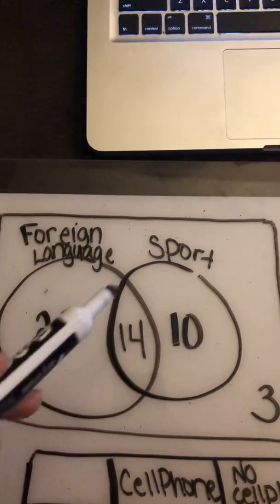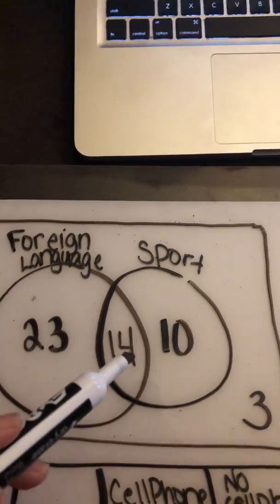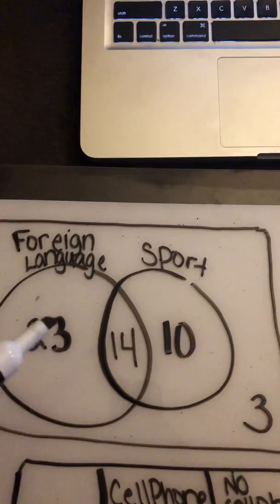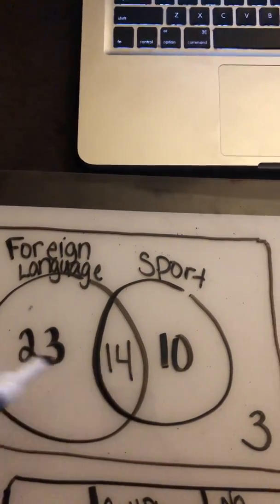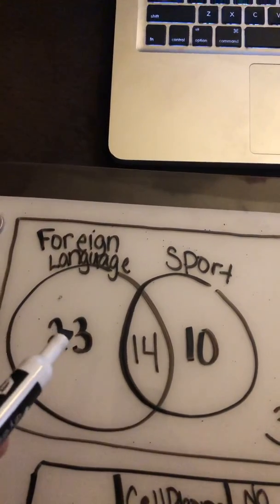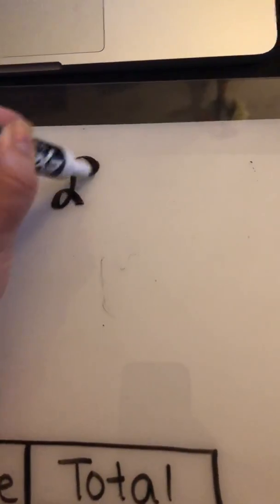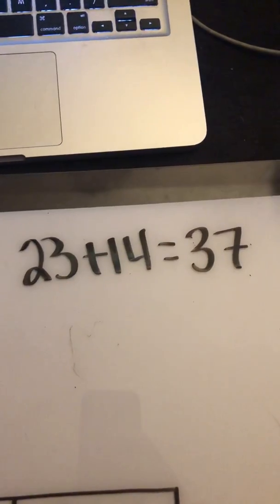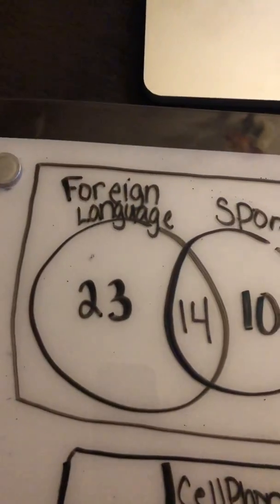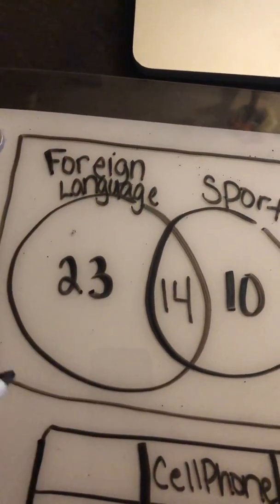So this 14 represents 14 students that not only take a foreign language, but also play a sport. To figure out the total students taking a foreign language, we do 23 plus 14, and that answer would be 37. So 37 students take a foreign language.